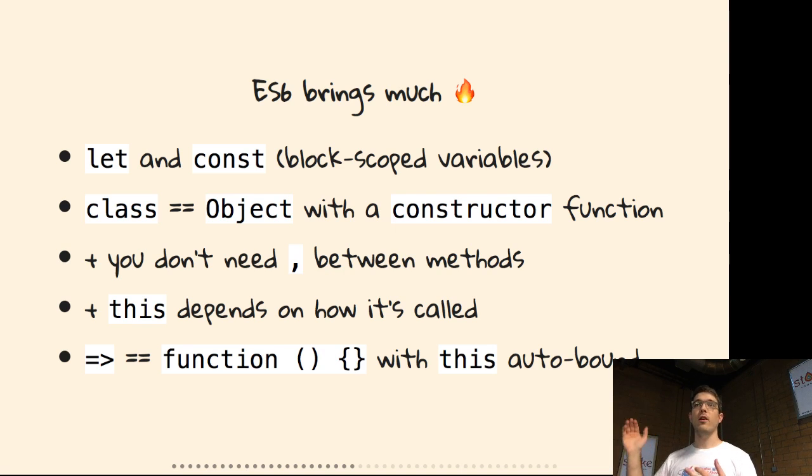So instead of var, which had unpredictable behavior, when you say var a equals 1 or something, if you had that pretty far down your file, JavaScript would hoist it to the top of the file using this thing called variable hoisting.